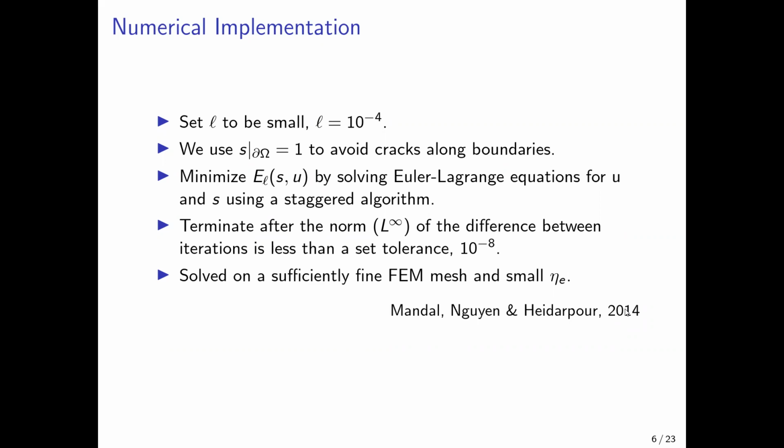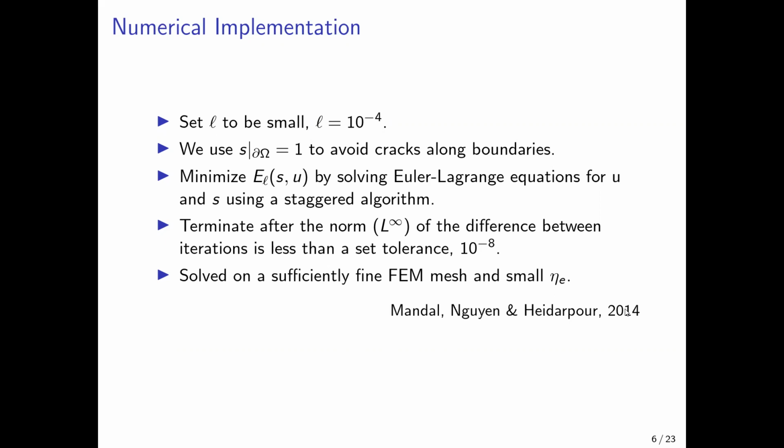Whenever we minimize E sub L, we have to fix S and then minimize U, and then minimize S while fixing U, because we want to be able to take advantage of the convex optimization in each of the variables.